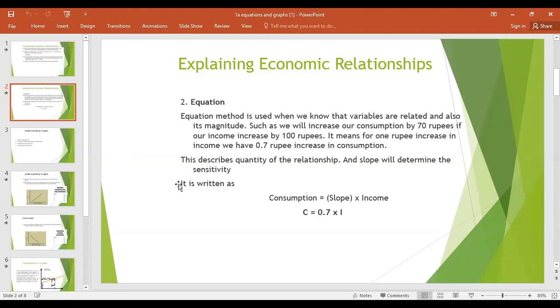So he will respond by adopting low levels of consumption or start saving today. Clear? So equation has that added advantage that you can use it to make decisions. Function will only tell you that there's something happening and there's a need to do more exploration. Clear? Okay. Let's move to the next point.